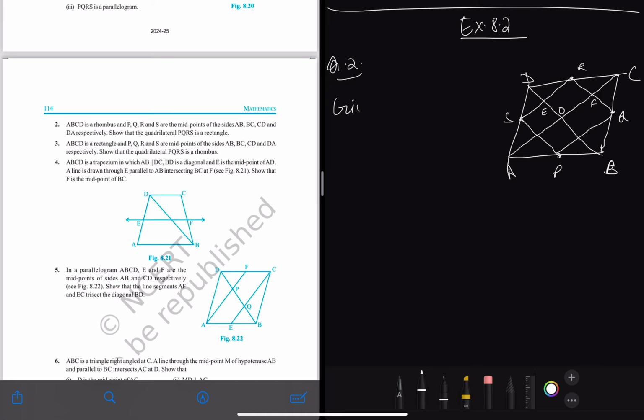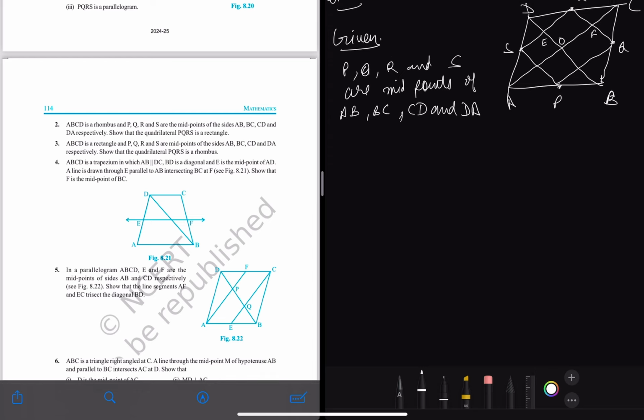So you are given that P, Q, R and S are midpoints of AB, BC, CD and DA. We have to prove that PQRS is a rectangle.